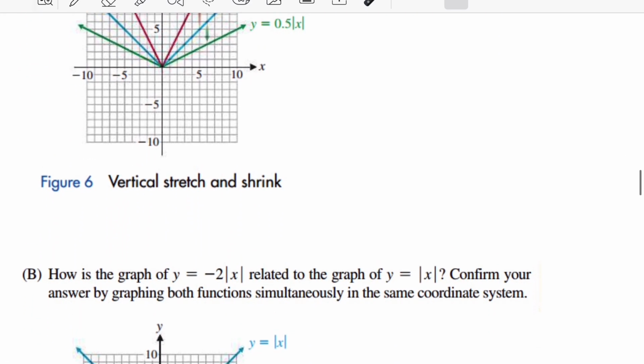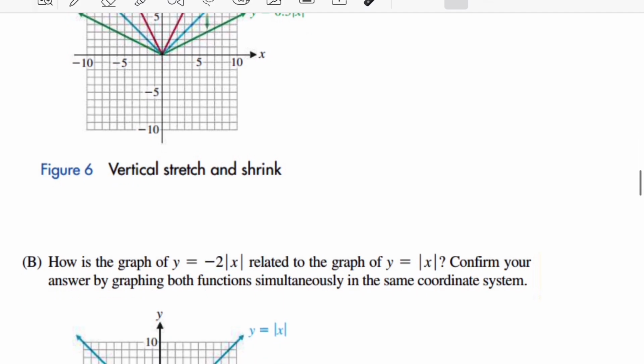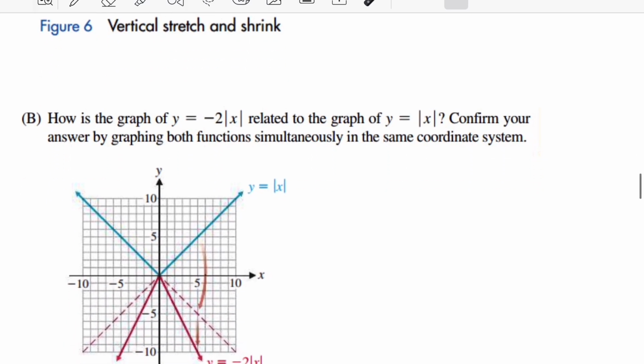All right. And lastly, we want to see how the graph of y is equal to -2 times the absolute value of x is related to the graph of the absolute value of x. And again, this is our graph of our original function. And what we can do is just plug in values for x and see what happens. So if we were to plug in 5 for our value of x, we would get 5 times -2.